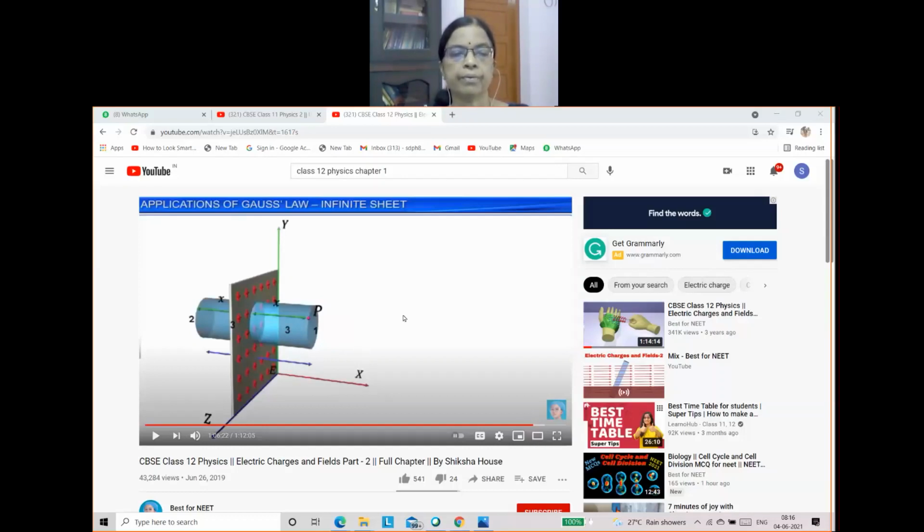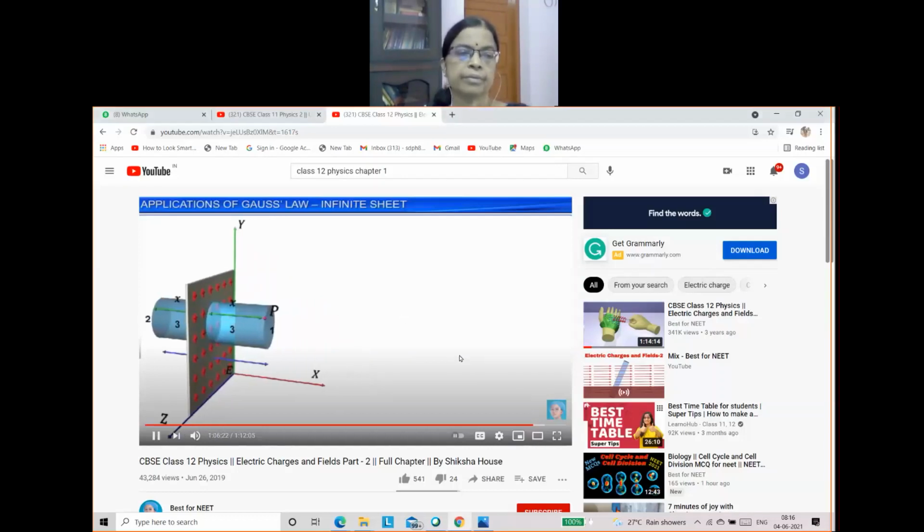The total electric flux phi through the Gaussian cylinder is the sum of the electric fluxes phi 1, phi 2, and phi 3 through surfaces 1, 2, and 3 respectively. Let this be equation 1.